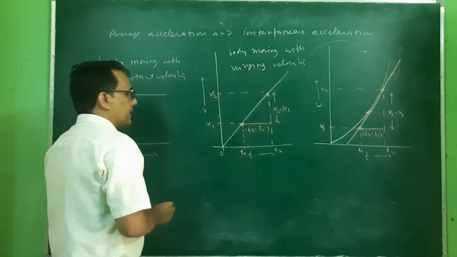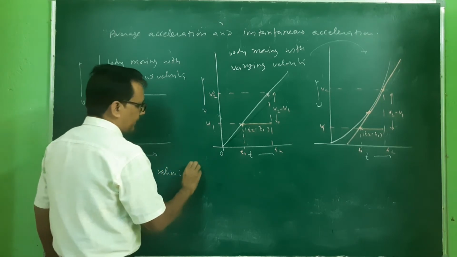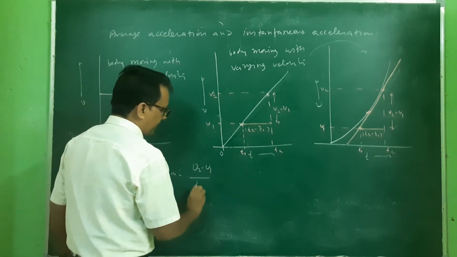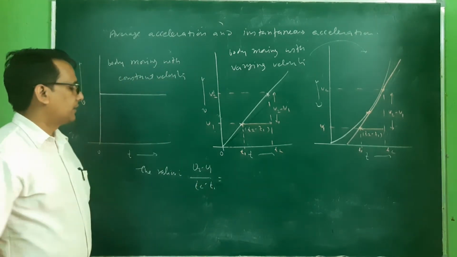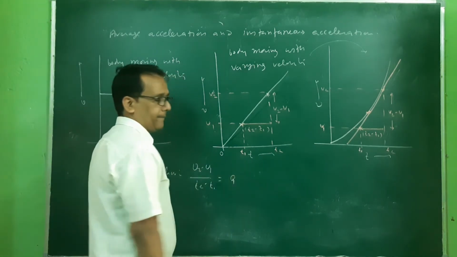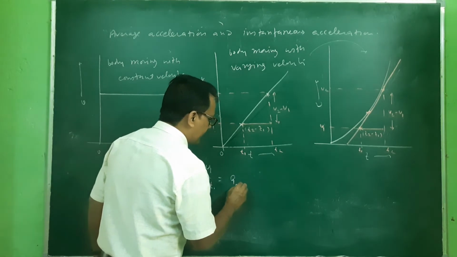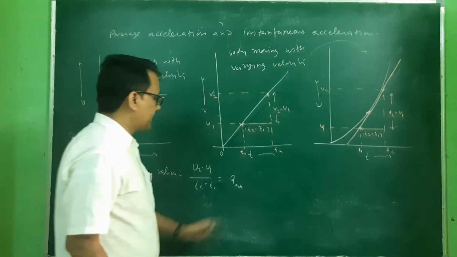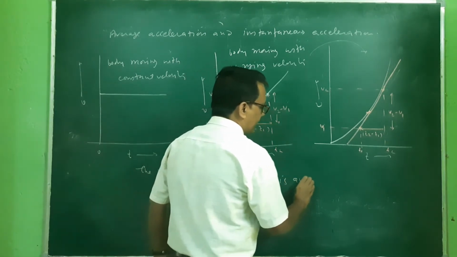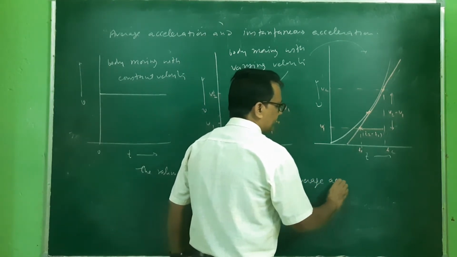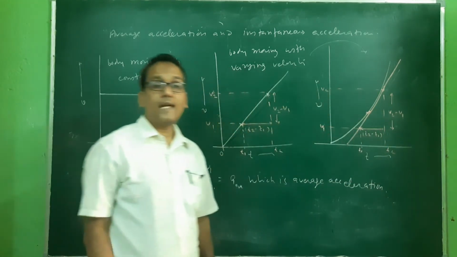And the ratio of this, v2 minus v1 by t2 minus t1, this is a constant, and this is represented by a, and I am representing this as the average acceleration.